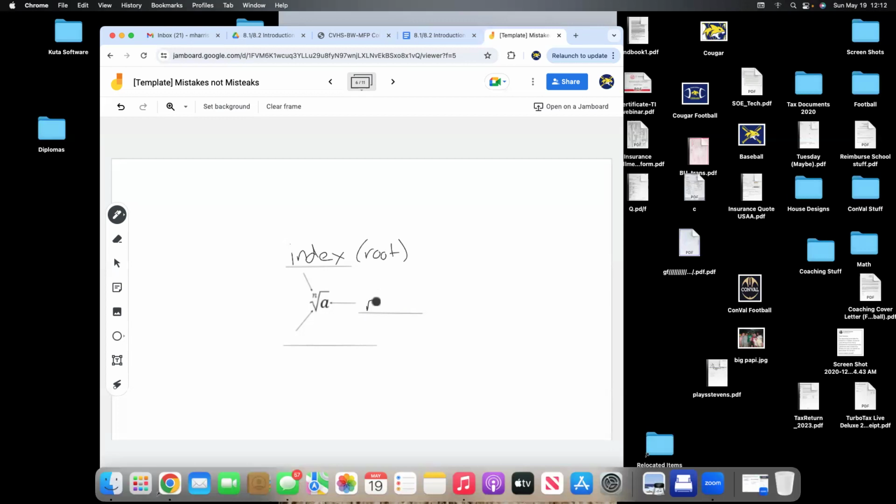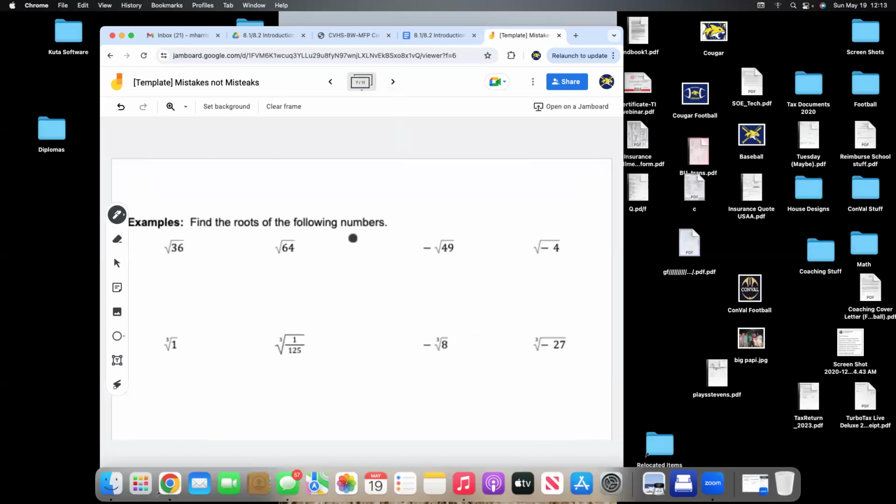The number underneath the root is called the radicand. And then the root symbol is called a radical. That's why it's called radicals. It's totally radical, dude. So this little doodad right here is called a radical, root symbol, same thing. So those are the different parts.